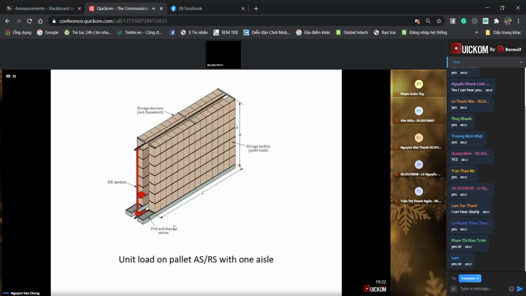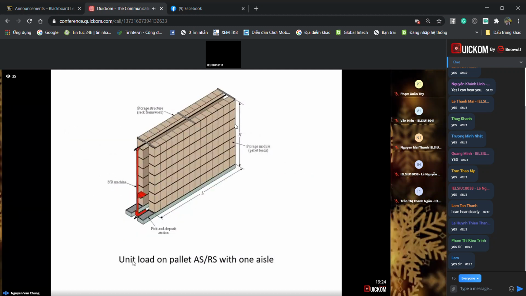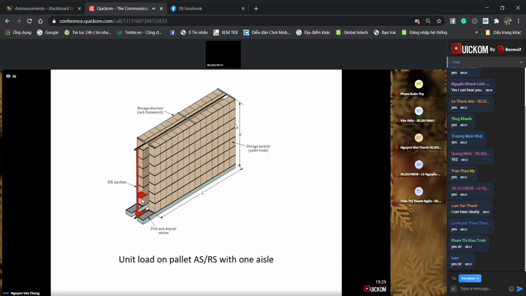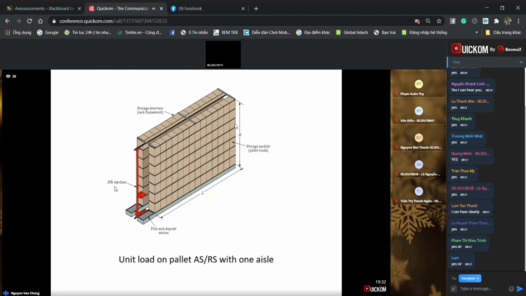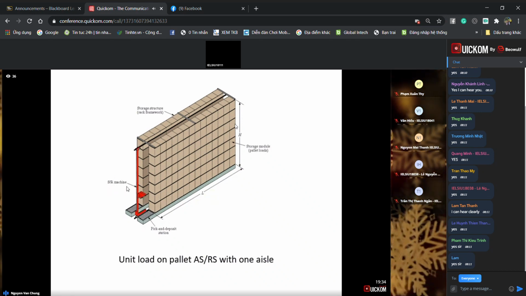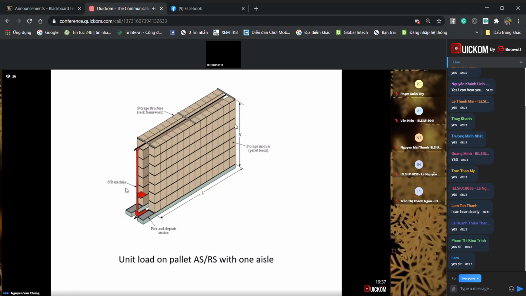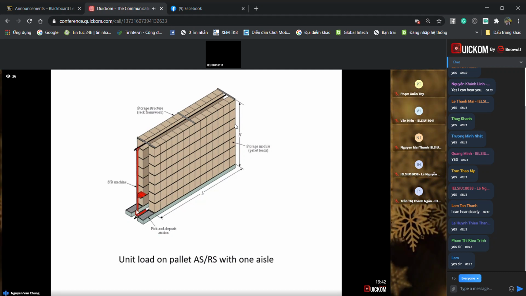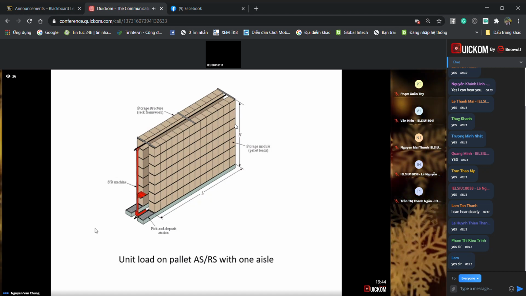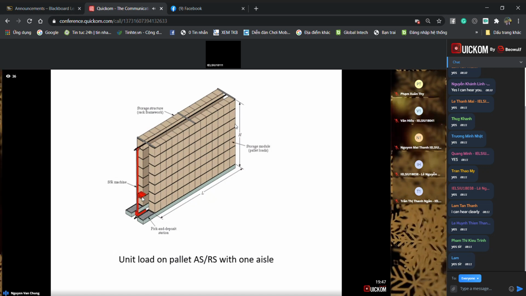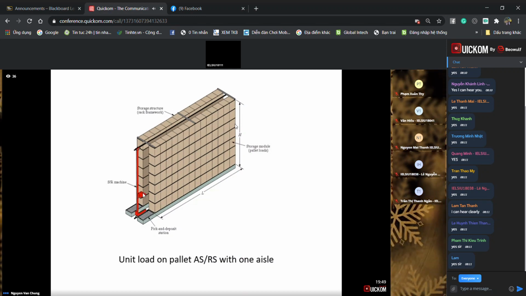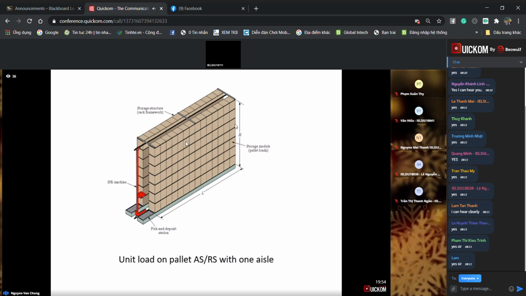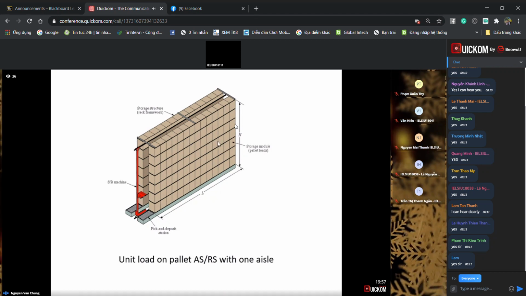Here you have the ASRS. You see on the picture the storage and retrieval machine, and you watched on YouTube that it may pick up the container and move it inside the storage, and some maybe retrieval.